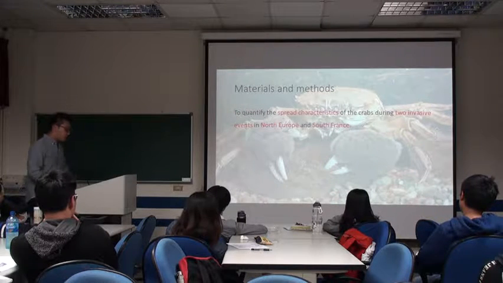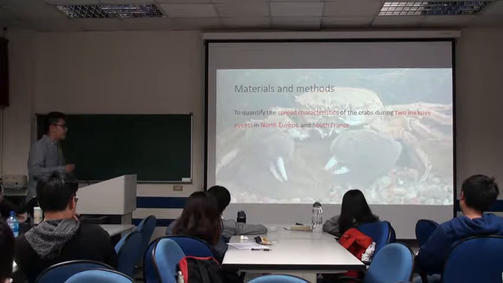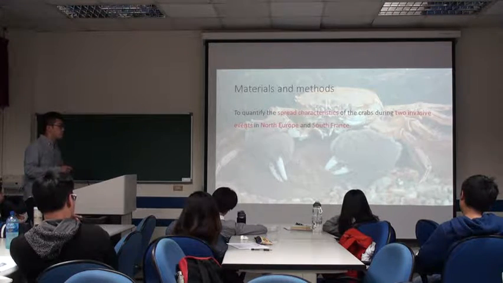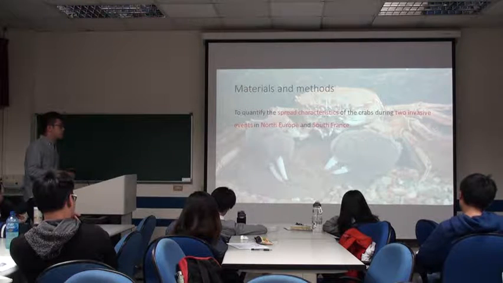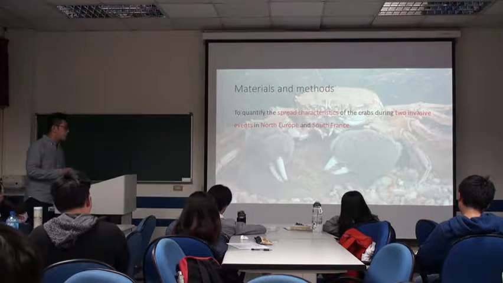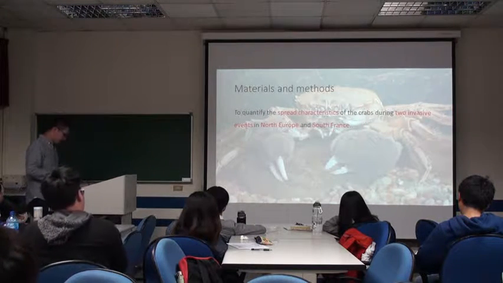Here comes the materials and methods. Since the article analyzes the spread, but does not do experiments, they quantify the spread characteristics of the crabs during two invasive events in North Europe and South France.